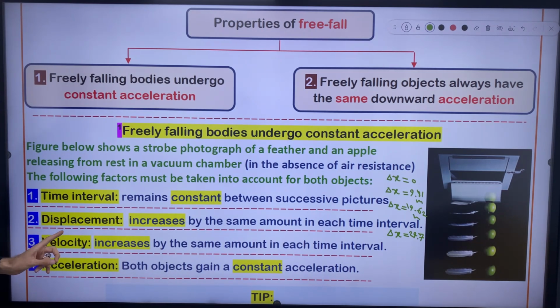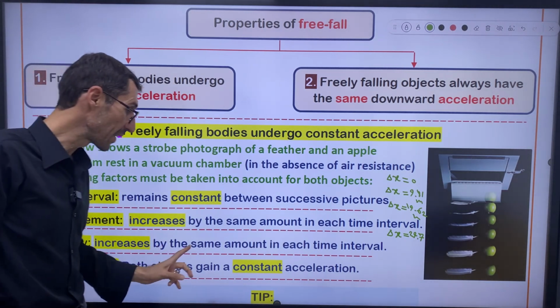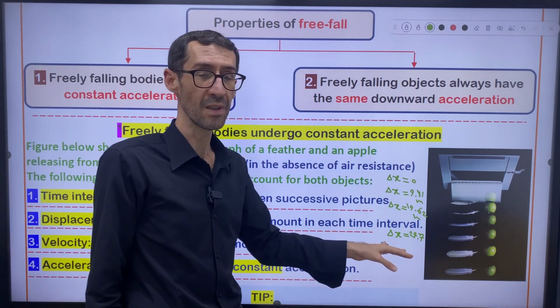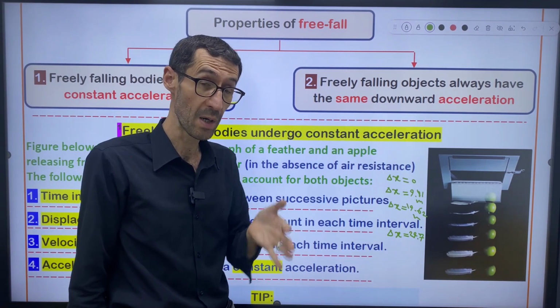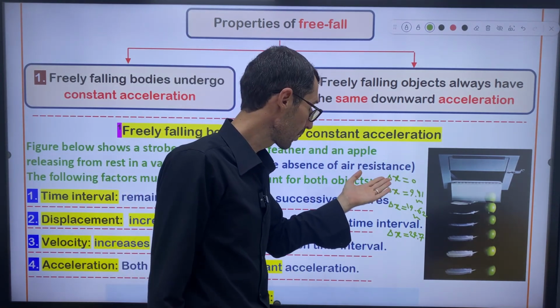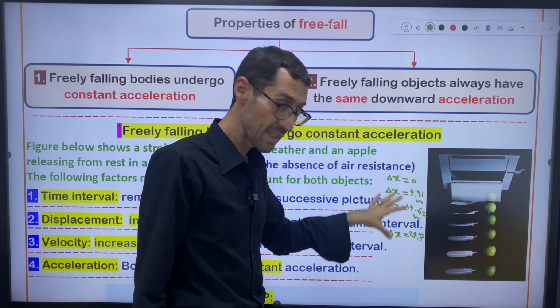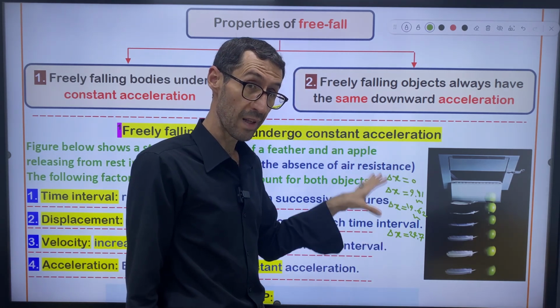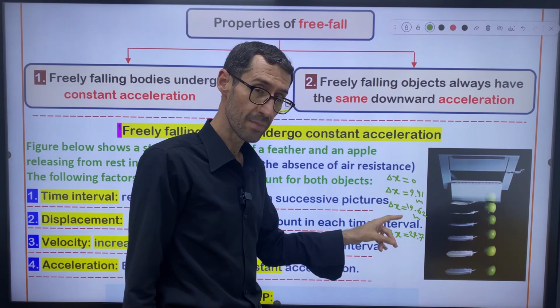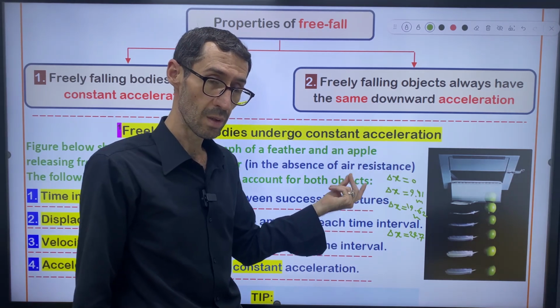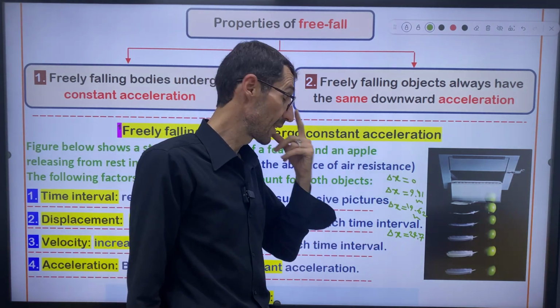Number 3, velocity increases by the same amount in each time interval. Like displacement, velocity increased by the same amount. So we have the same situation for velocity. Whenever you divide these numbers by time interval, you get the same values.